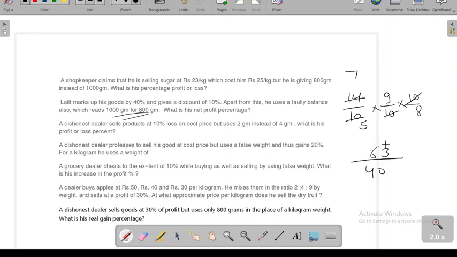This seems that it is greater than 1, so our cost is minus 1 divided by 1 into 100, so 23 by 40 into 100, 57.5 would be the final answer.